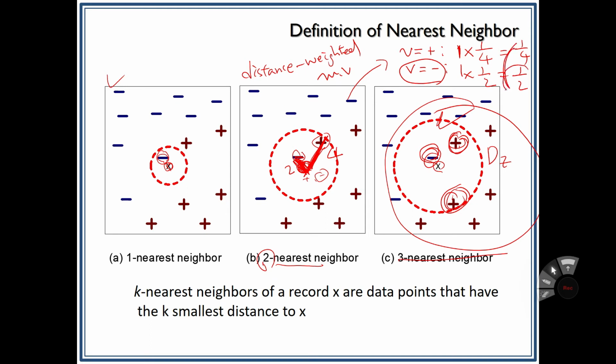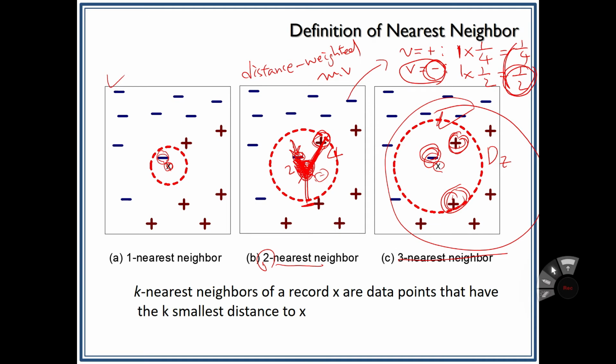So we chose the negative class, and we assign the negative class to the new object. Do you understand that? It means that this object has greater impact on the new object than this one, because this one is closer to the new object.